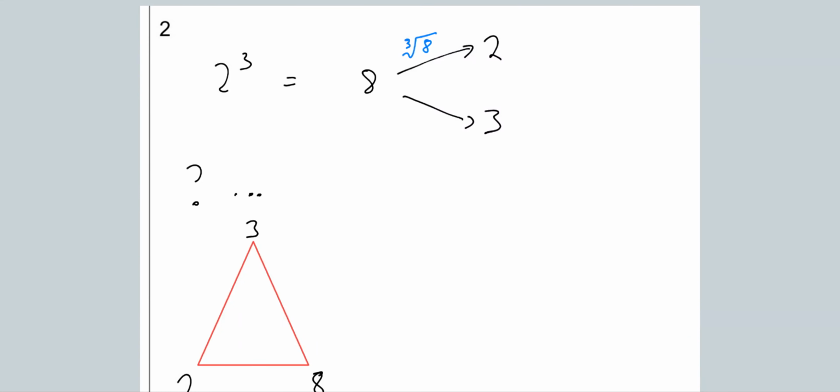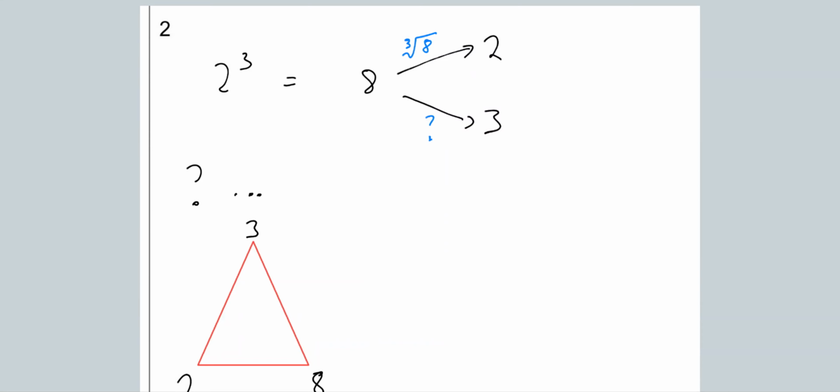So that's fine. But if I want to go 8 to 3, we've got a problem. Not a problem, really. Well, yeah, an issue, in that we don't have an operation yet that gets us from the value 8, the result, to the power.